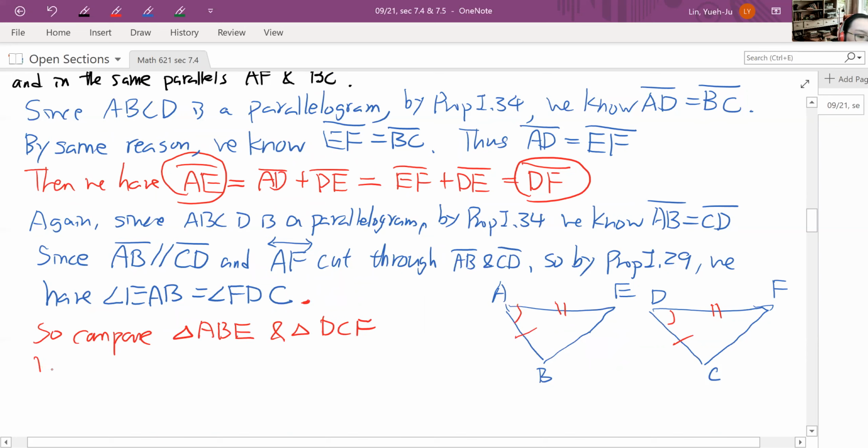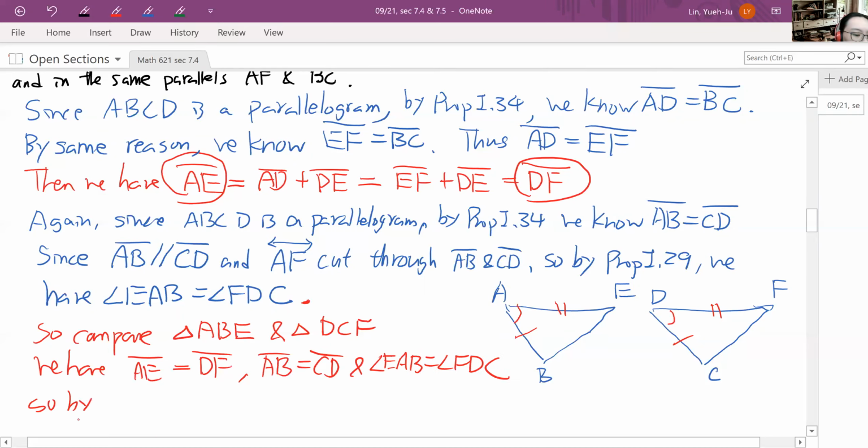We have AE equals DF, AB equals CD, and the angles are equal. So by SAS, triangle ABE is congruent to triangle DCF.